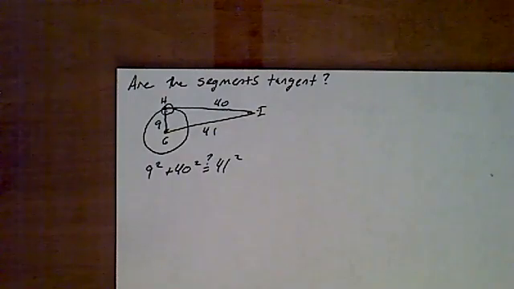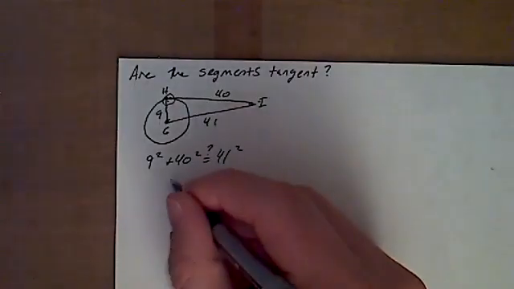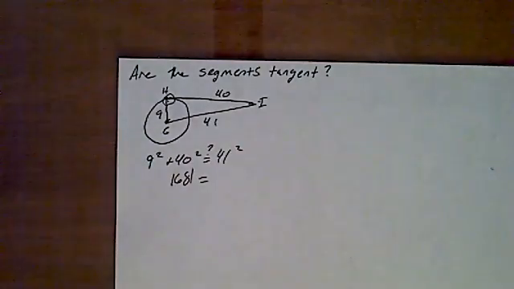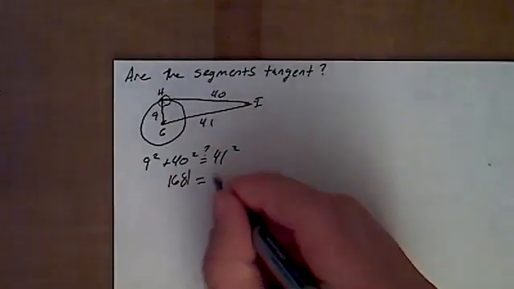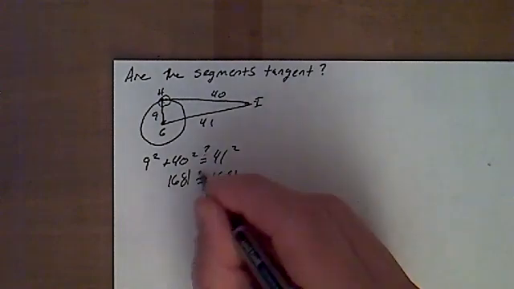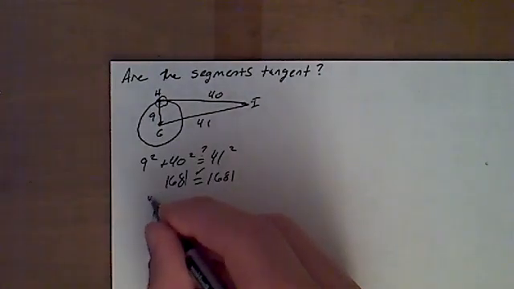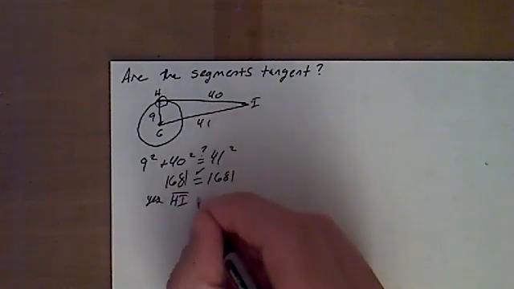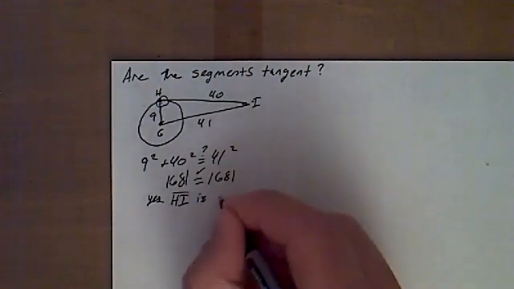Well, 9 squared is 81, and 40 squared, we get 1600, so the sum is 1681. Is that equal to 41 squared? It most certainly is. So yes, segment HI is tangent.